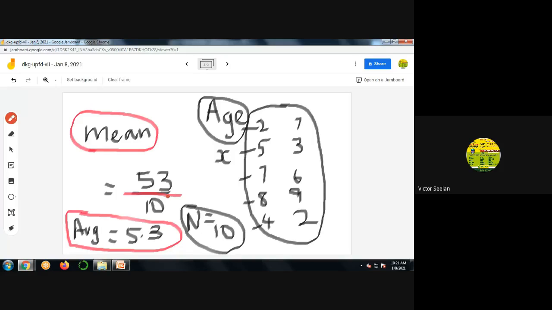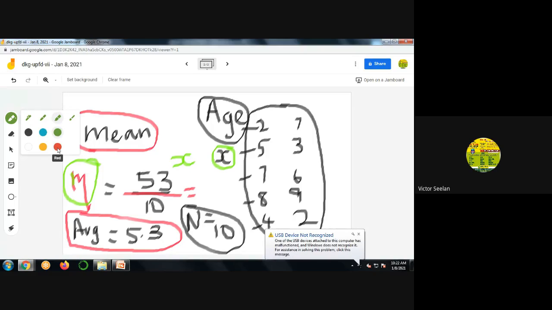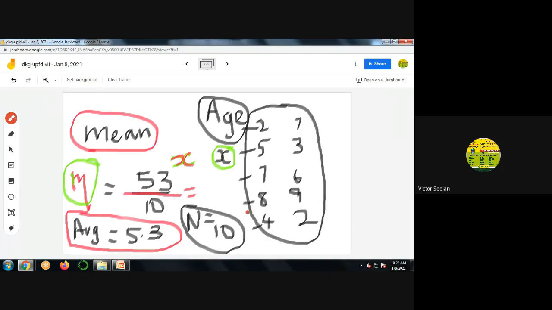Now I'm going to make it a formula. Listen, for average, I already told you the notation is mu.